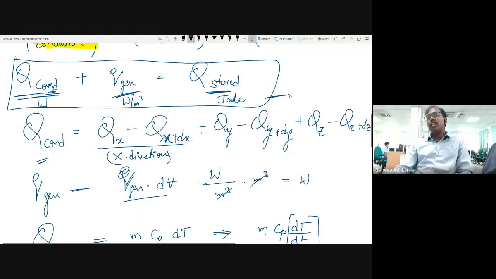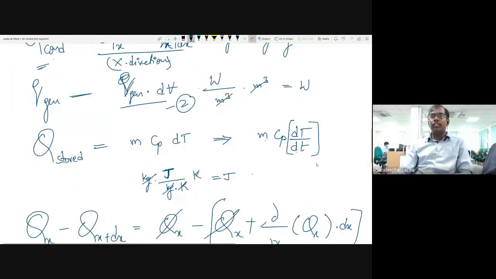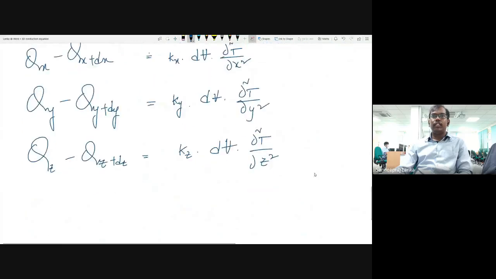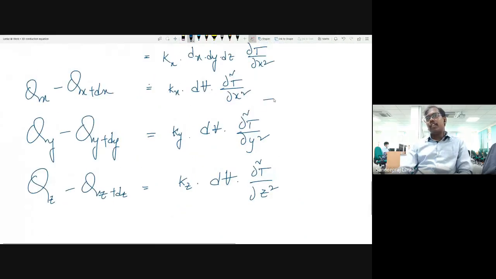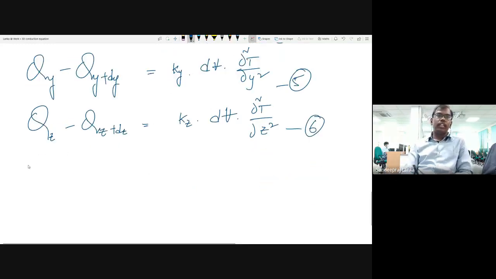Let's call this 1, and this as 2, 3, 4, 5, 6. So what I will do is substitute 2 to 6 in equation 1.